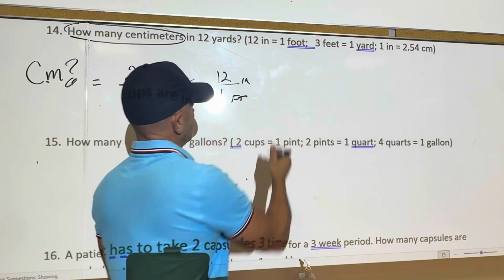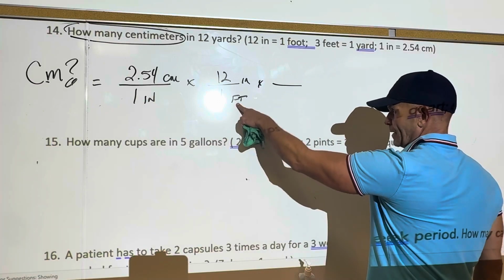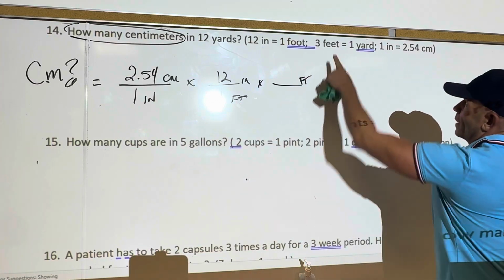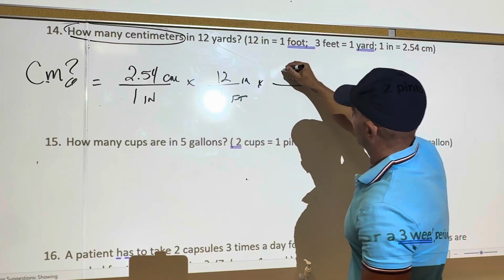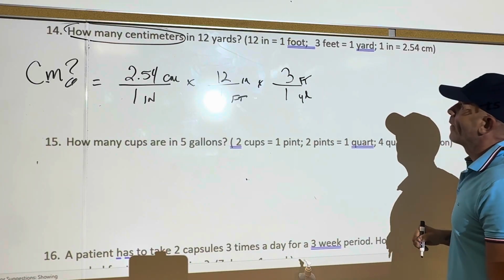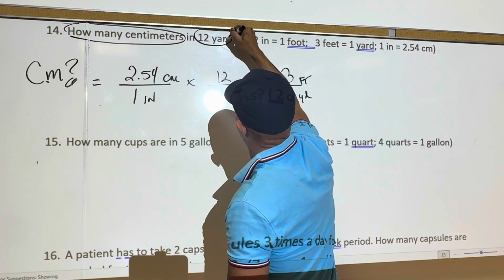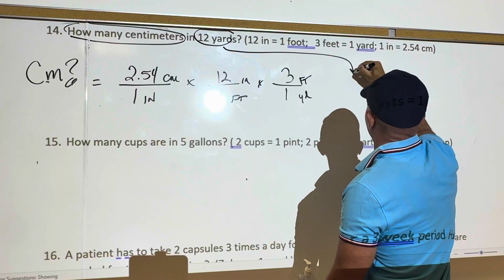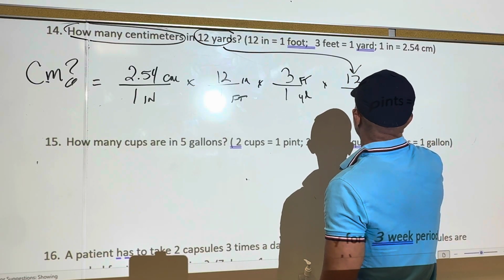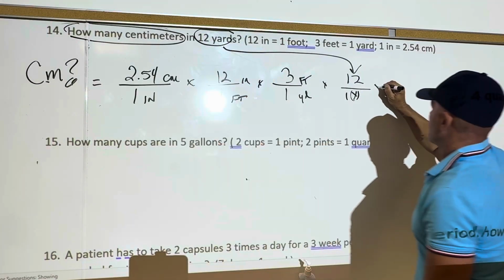Okay, well, start our next portion, our next fraction. Well, this is feet. What's going to go here? It's going to be feet. Well, 3 feet equals 1 yard. Okay? Well, they give us what they're working for. They already give us what they have. They have 12 yards. So 12 yards goes to the very end. And we're looking for our centimeters.